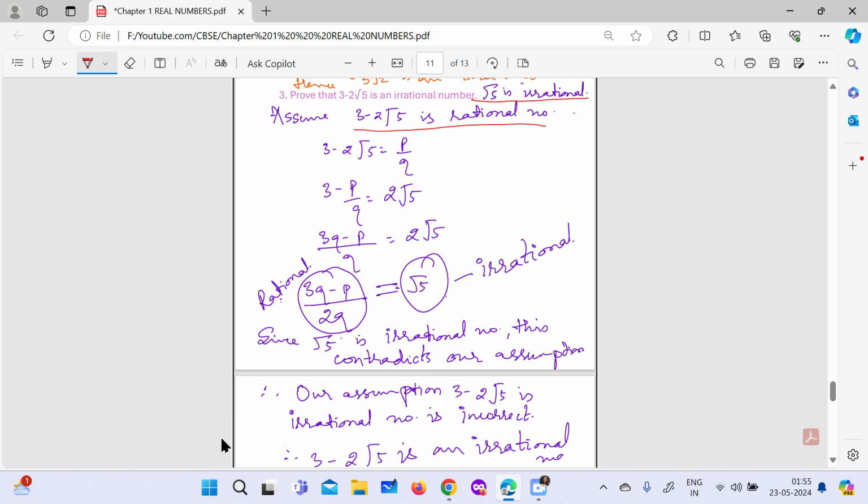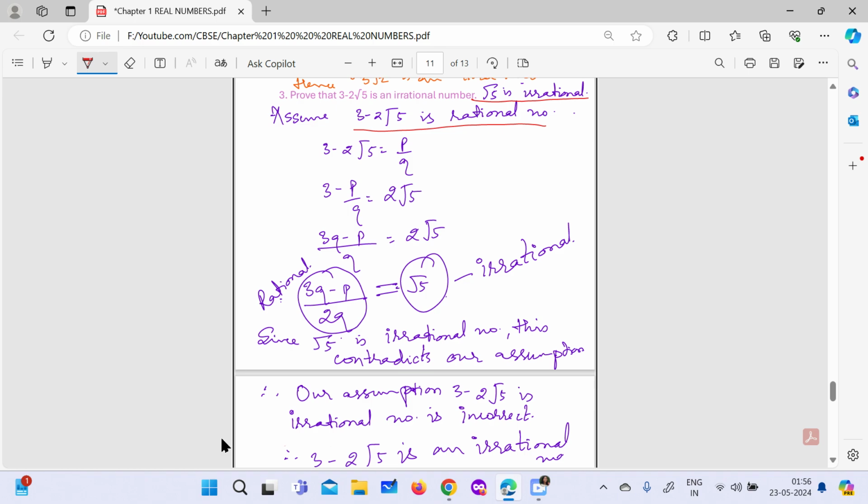That will give you 3 minus 2 root 5 is equal to p over q. Our key factor is that root 5 is an irrational number, so we will isolate root 5. So it will be 3 minus p over q, which is equal to 2 root 5. You solve it and get 3q minus p over q, which is equal to 2 root 5.